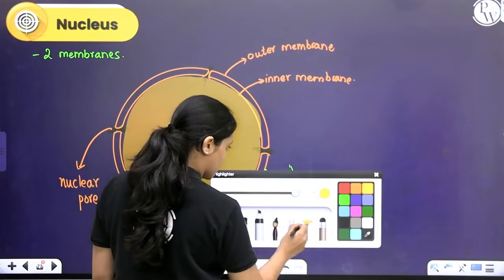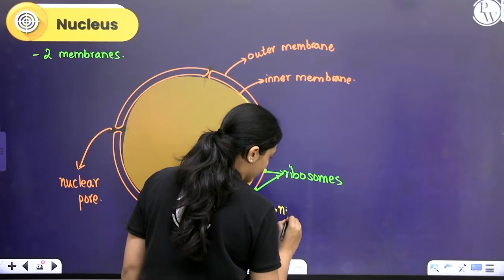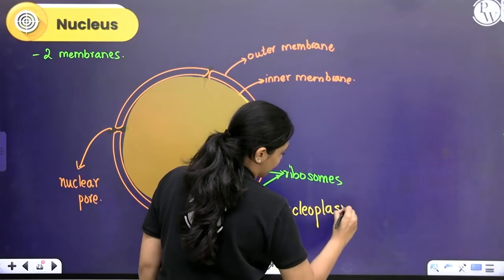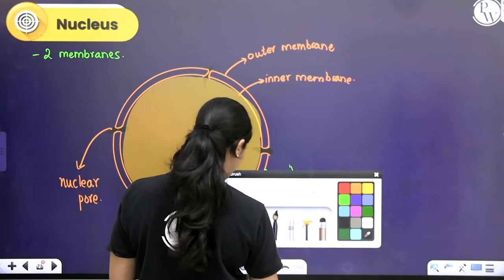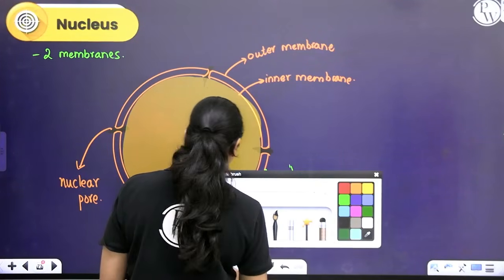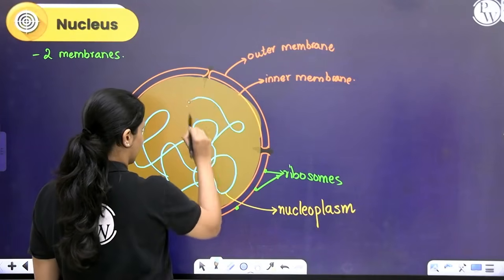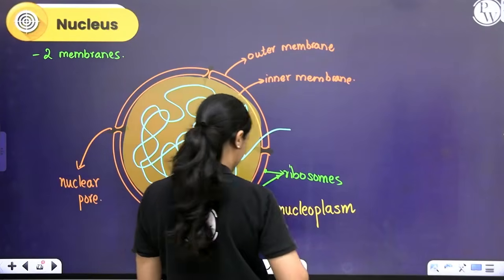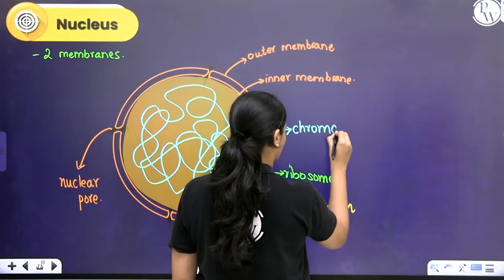So this is called the nucleoplasm. Within the nucleoplasm, you can find the presence of DNA in the form of chromatin fiber. It's not like naked DNA. This is called chromatin.